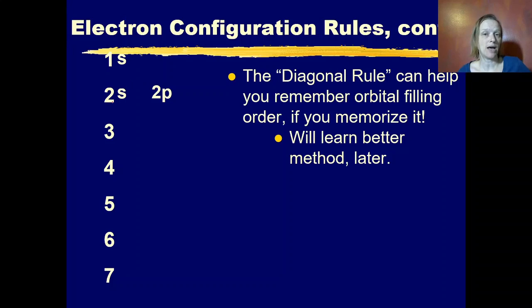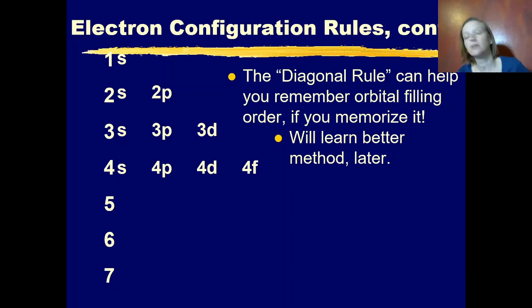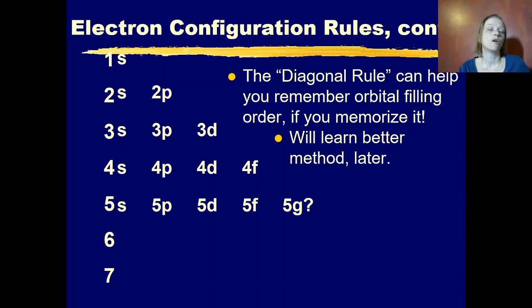So we have the 2s and then we have the 2p. Remember, in the third energy level, you can have s or p or d electrons. When you do this, it's super important to keep your s's lined up with each other and your p's lined up with each other and your d's as well as your f's, which are coming next. In the fourth energy level, you have s and p and d and f. In the fifth energy level, you have s and p and d and f.